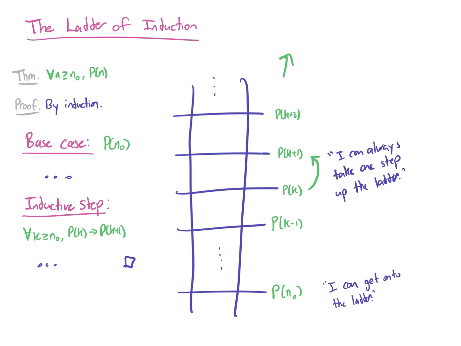So this is the visual idea of induction. If I do two proofs, a proof of the base case and a proof of the inductive step, then I can prove infinitely many statements: for all possible choices of n greater than my base case, some statement is true. That's the way that I visualize induction. And now that we've introduced and visualized induction, it's time to look at some examples.